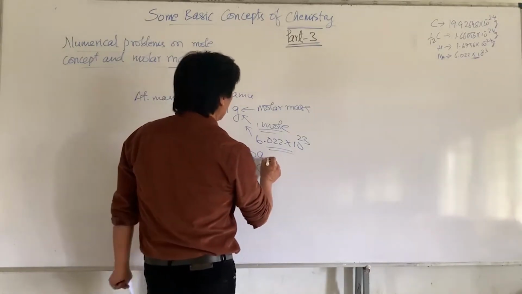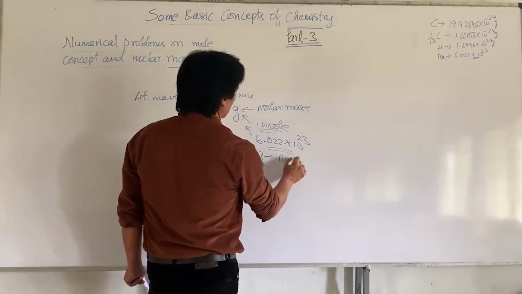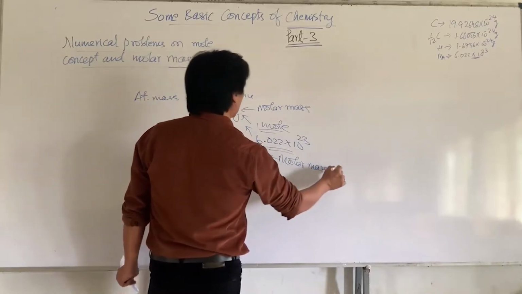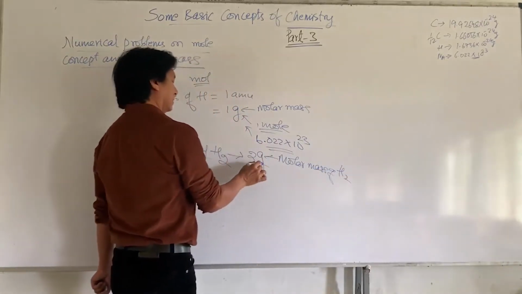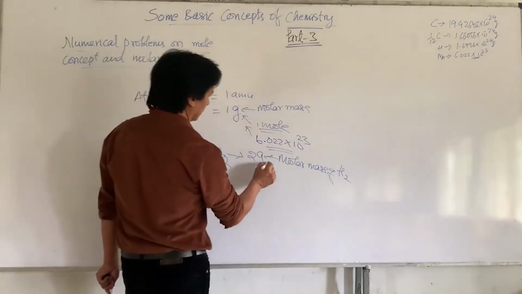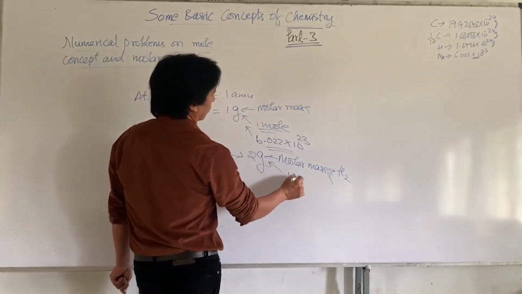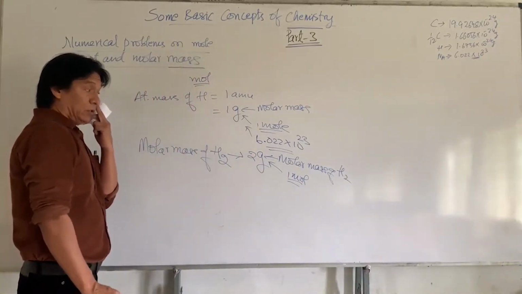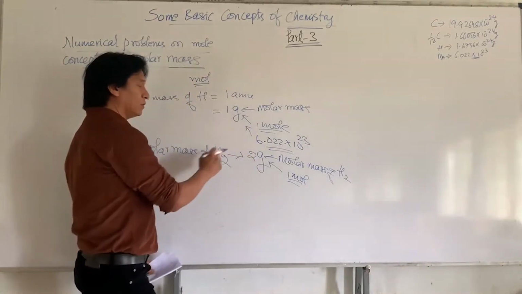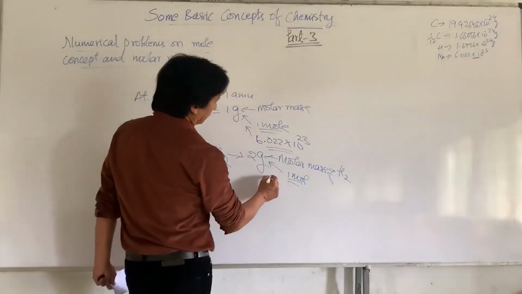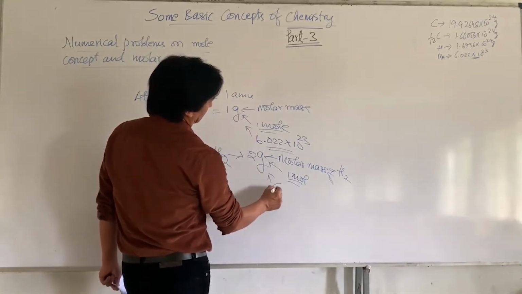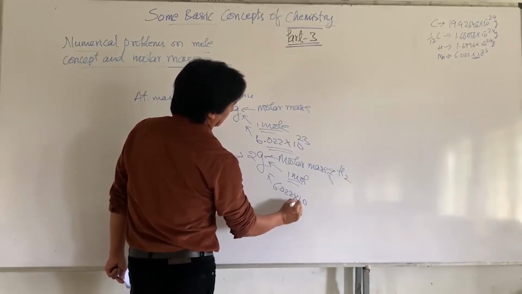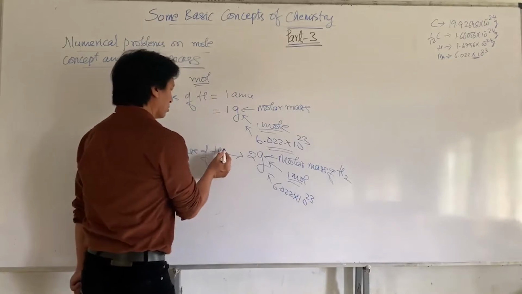Molar mass of what? Molar mass of dihydrogen, right? And this 2 grams of dihydrogen is nothing but 1 mole of dihydrogen gas. And now, in this 1 mole, that is 2 grams of dihydrogen, you're going to have how many? You will have 6.022 × 10^23 what?